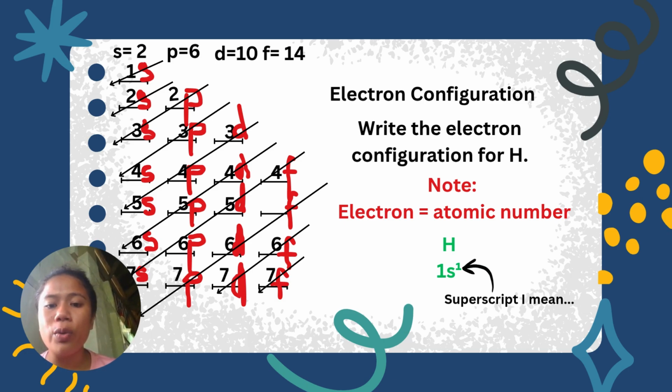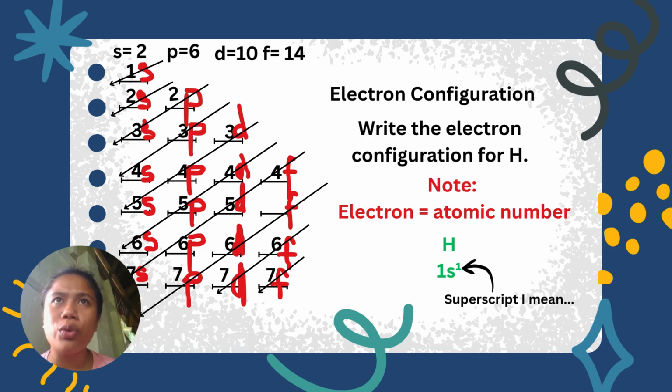Then you just proceed with the arrangement that I taught you a while ago, like 1s, 2s, 2p, 3s, 3p, 4s, and you stop once you reach the atomic number of the element. For hydrogen, of course, we start writing 1s, 1.